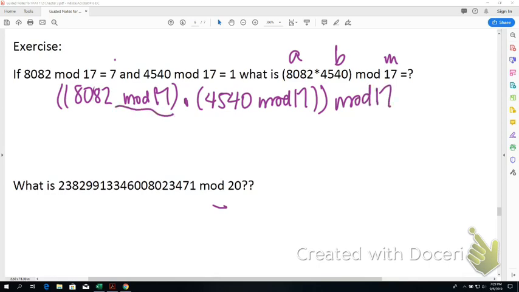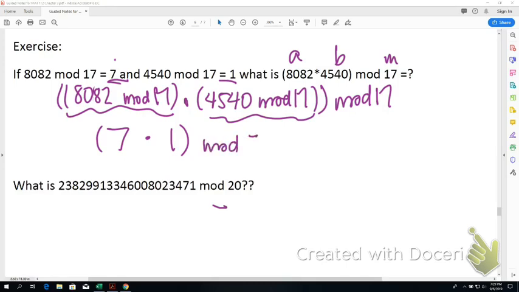So I know that this is given to me, it's actually a 7, times this is given to me, it's actually 1. So then 7 times 1 is 7, so 7 mod 17 would actually be a 7. Okay.